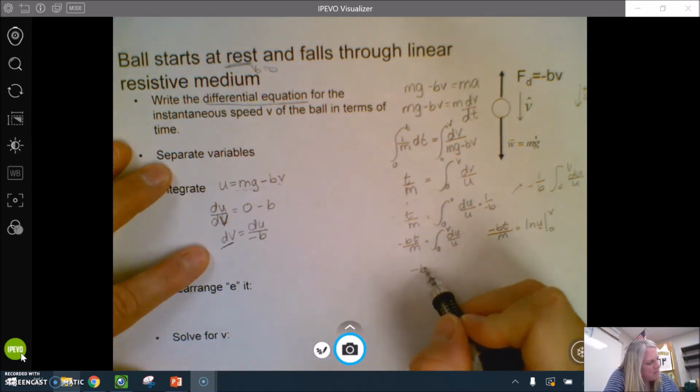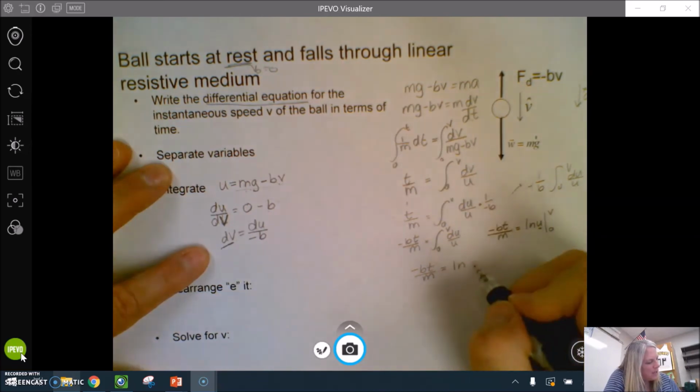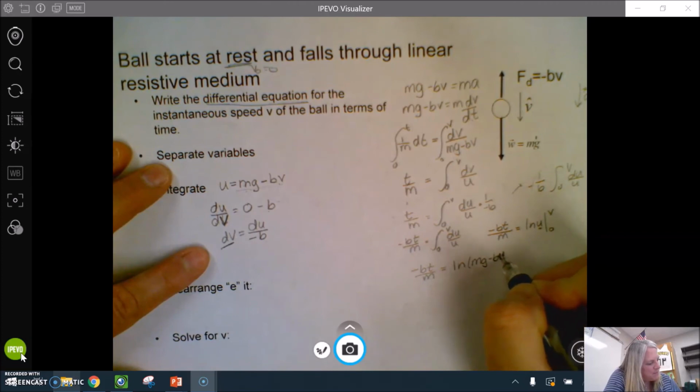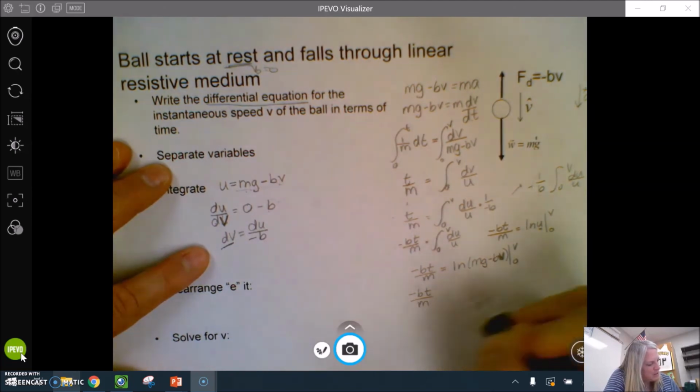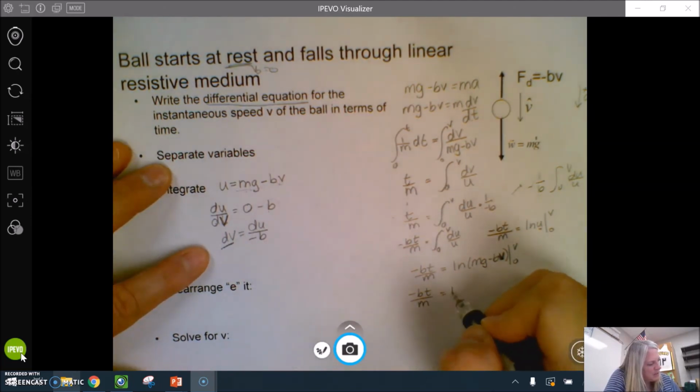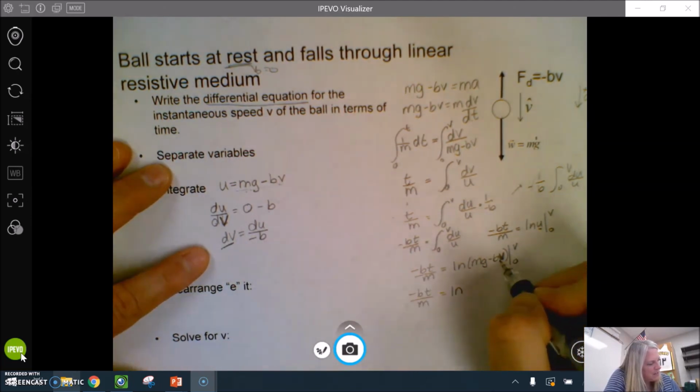So we get negative bt over m is equal to the natural log of mg minus bv from 0 to v. And so when we distribute our limits, that would be the natural log for v, that's still mg minus bv, and then subtract from that the natural log for 0.